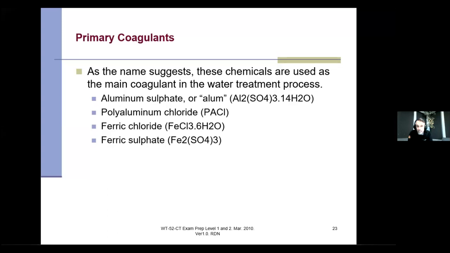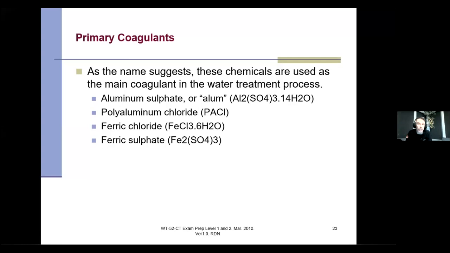Some places use water pressure, so if the water's moving one way, the coagulant will move the other way, and they'll mix like this. There's other ones that use a mixer. What they'll do is they'll inject it to the base or the inlet side of a pump, and they let the pump impeller do the mixing. So some of the smaller systems, that's how they do it.